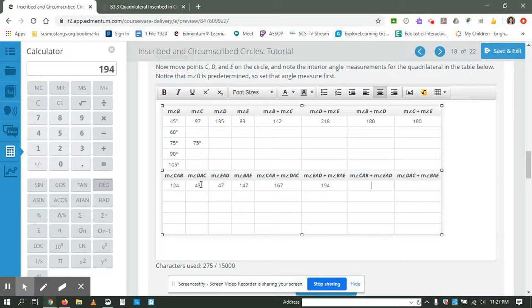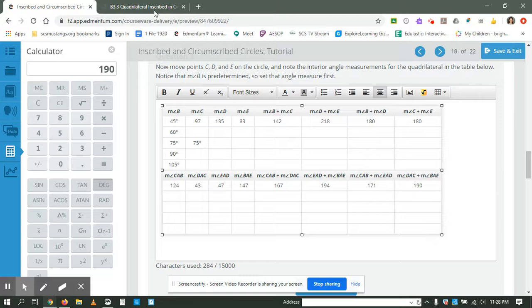And then CAB 124 plus EAD 47 is 171. And then BAC plus BAE, 43 plus 147, is 190.